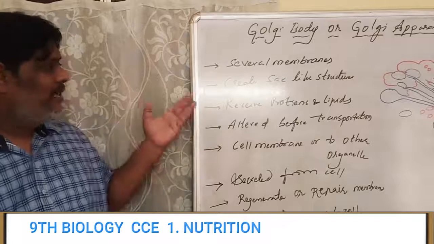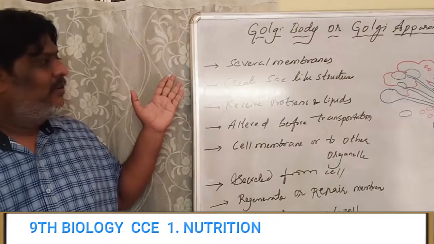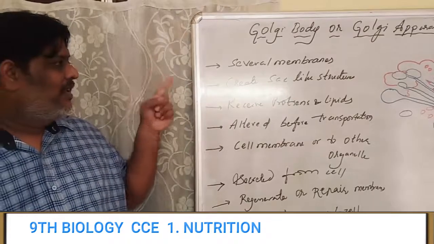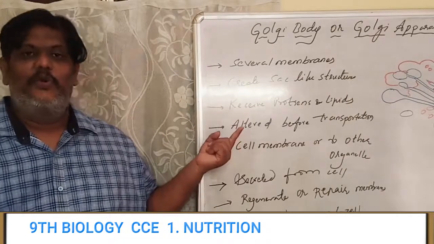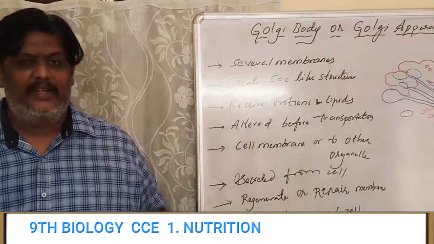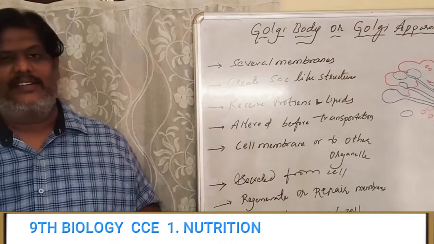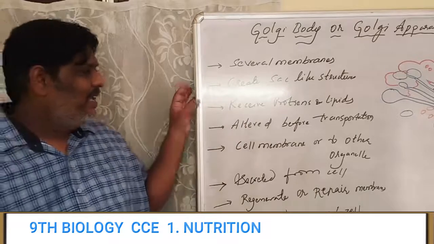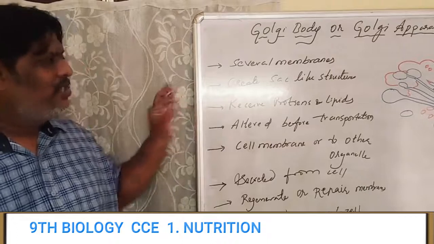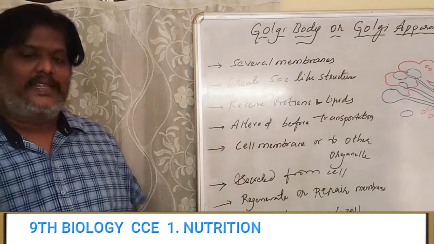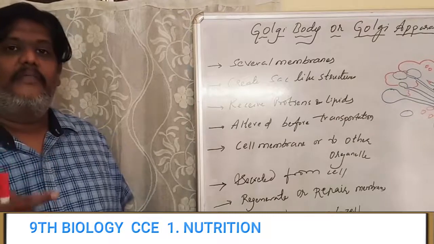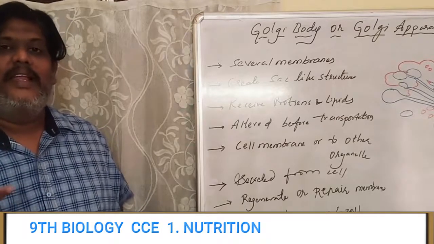Now the proteins and also lipids come out of the endoplasmic reticulum as they are, isn't it? So now they should be modified a little. They should be altered a little. So whatever comes to the Golgi complex, the Golgi body or Golgi apparatus modifies the proteins and lipids.